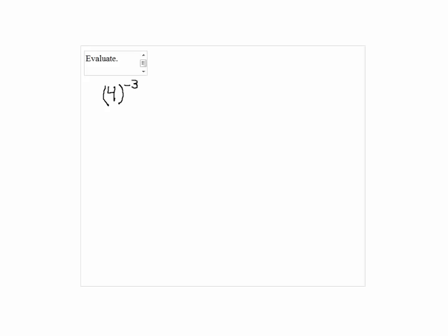Evaluate 4 to the power of -3. Okay, recall a to the power of -n is the same as 1 over a to the power of +n.